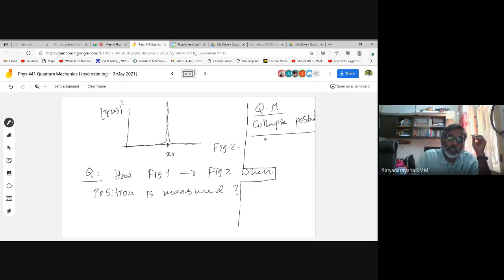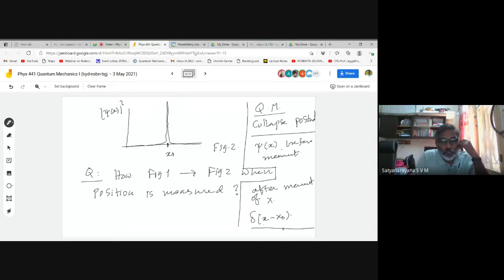You had some wave function psi of x before measurement, and after measurement of x you have a different wave function, delta of x minus x naught. So you say the wave function collapsed from psi of x to delta of x minus x naught, and nothing more we know about it.